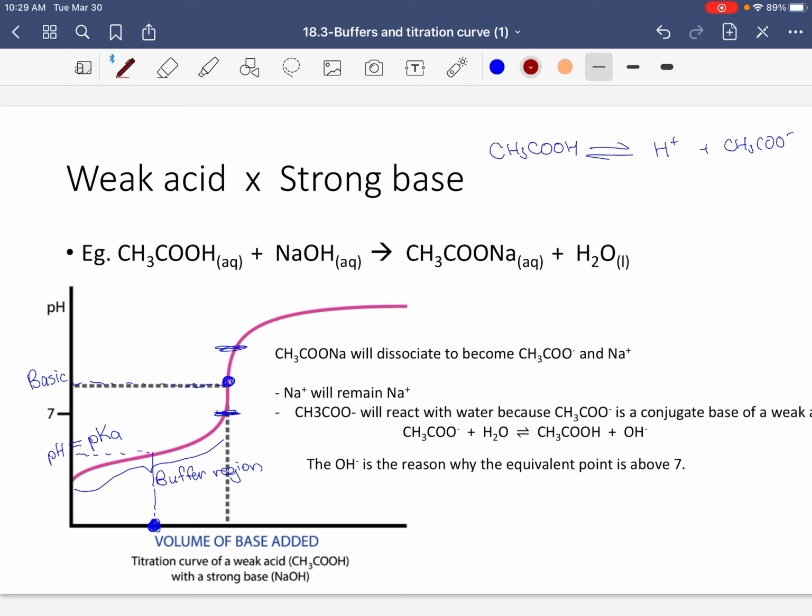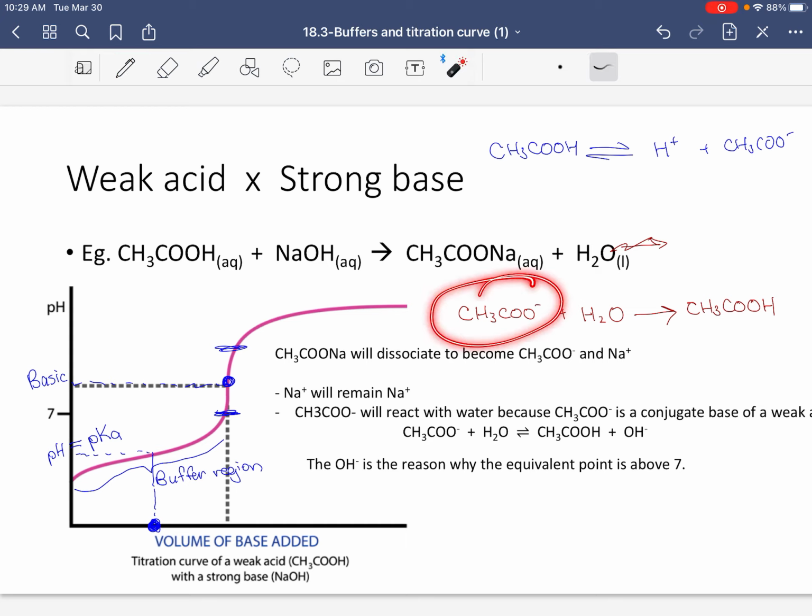How? Check this out. CH3COO minus certainly would love to react with H2O. And they will go through a second reaction, actually a continuous reaction, of making this back. Because naturally, I'm a proton acceptor. If you're a proton acceptor, water says, I guess I have to be the donor.